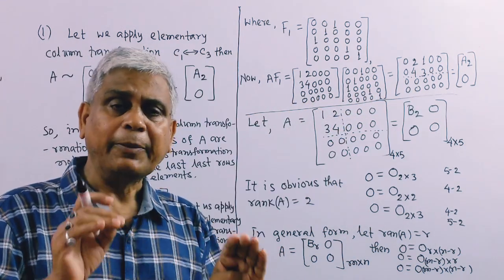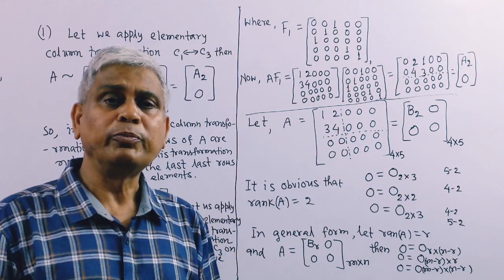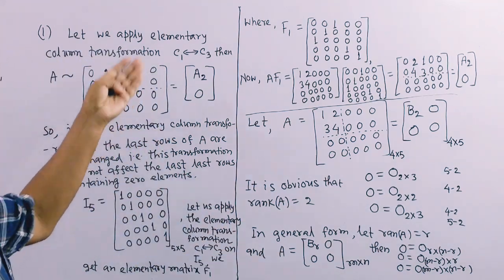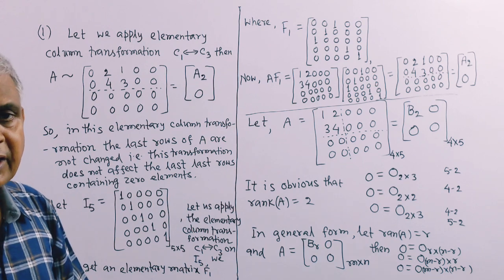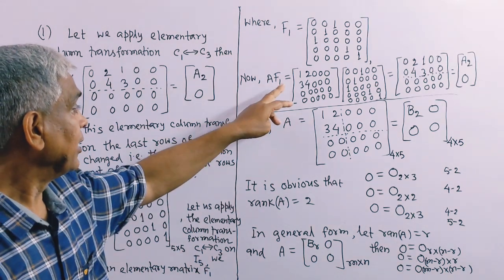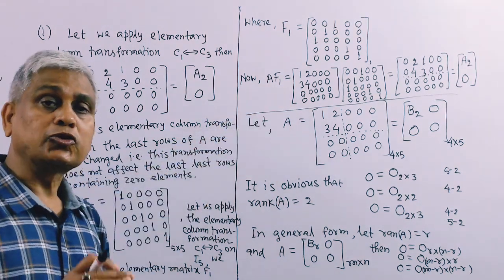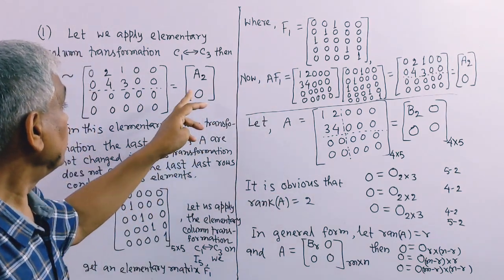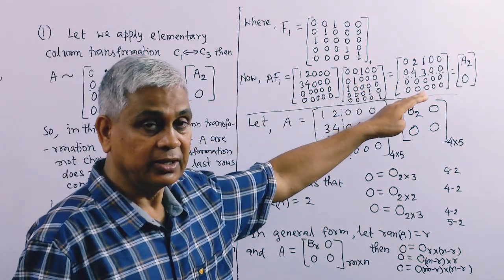So if we apply an elementary column transformation on a matrix, and if we post multiply the corresponding elementary matrix with the given matrix, we will get the same result.